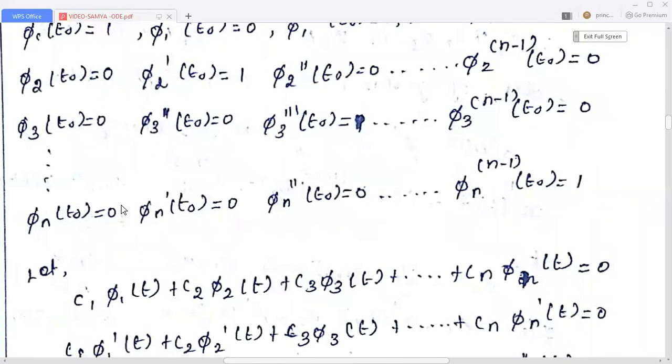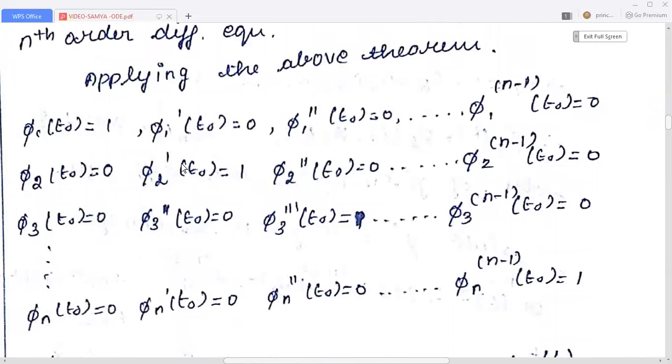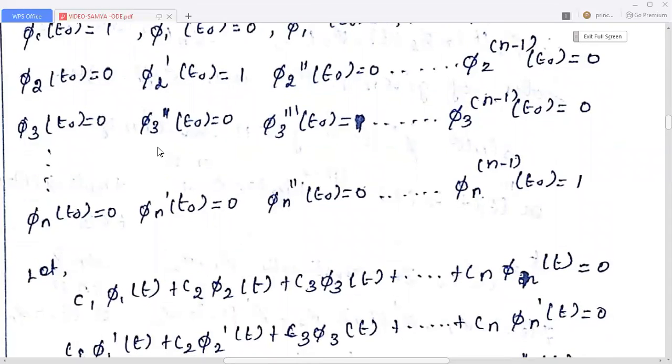Proceeding similarly, we come to the last row, that is pi n of t naught equals 0, pi n dash of t naught equals 0, pi n double dash of t naught equals 0. The last element, that is pi n n minus 1 dash of t naught, equals 1.